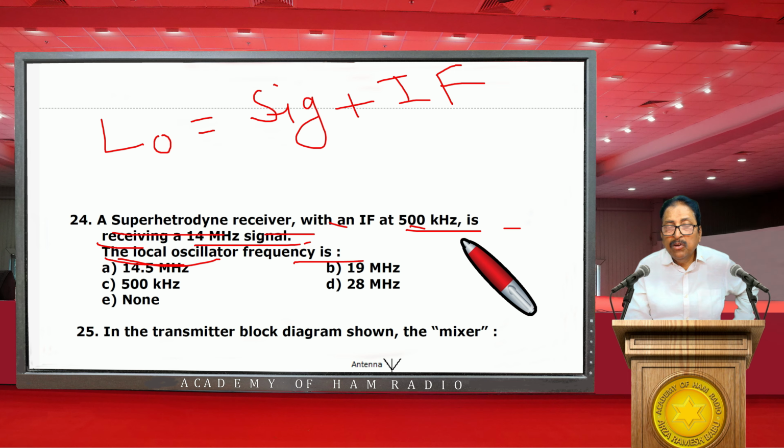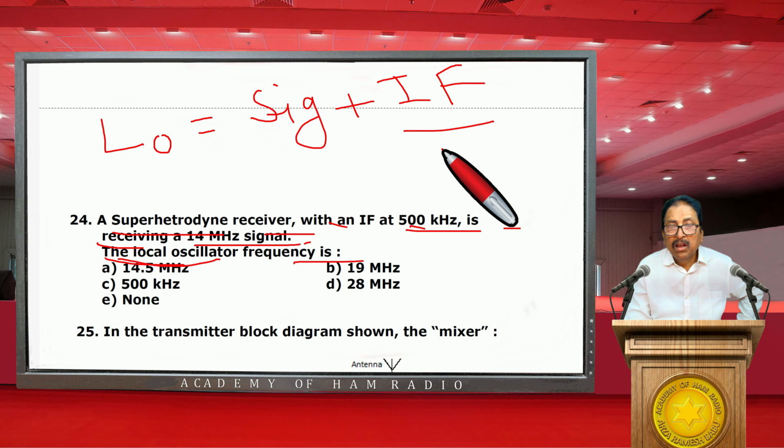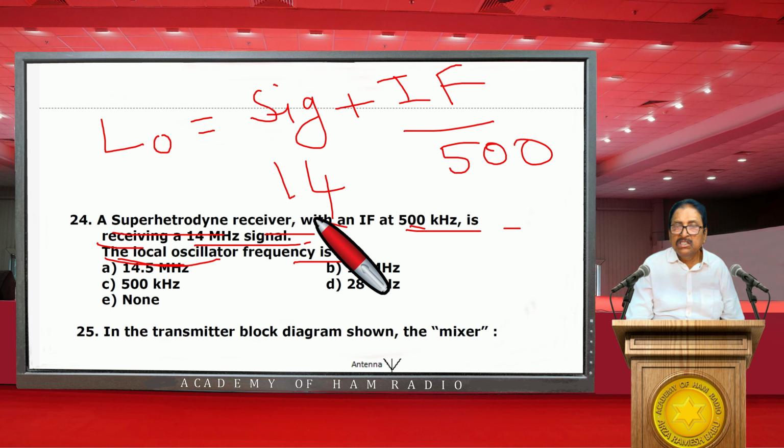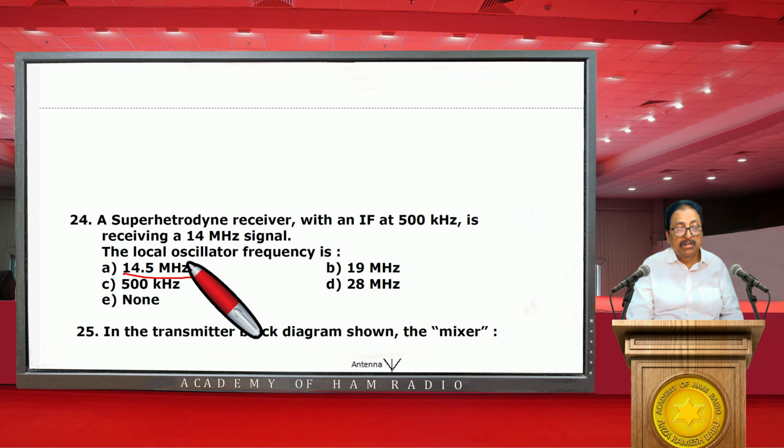IF we know is 500 kilohertz, receiving a 14 megahertz signal. So 14 plus 0.5 is 14.5 megahertz. The local oscillator frequency is 14.5. This is the answer.